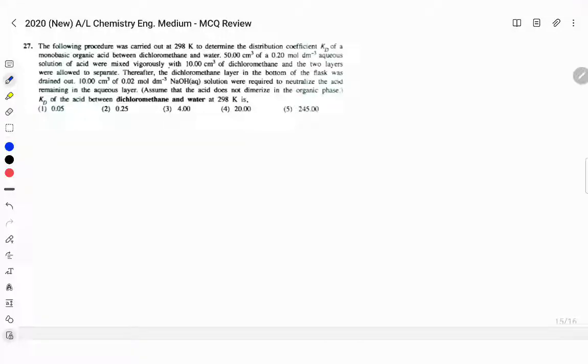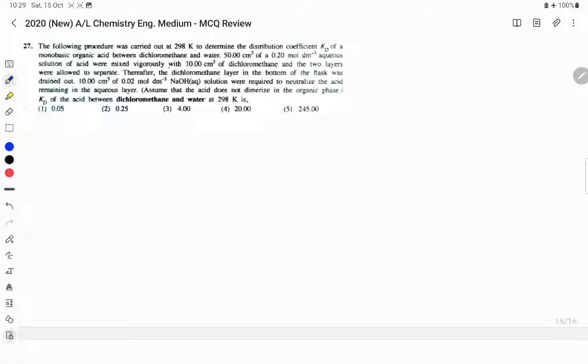Question number 27. The following procedure was carried out at 298 Kelvin to determine the distribution coefficient Kd of a monobasic organic acid between dichloromethane and water. 50 cm³ of a 0.2 M aqueous solution of acid were mixed vigorously with 10 cm³ of dichloromethane, and the two layers were allowed to separate.